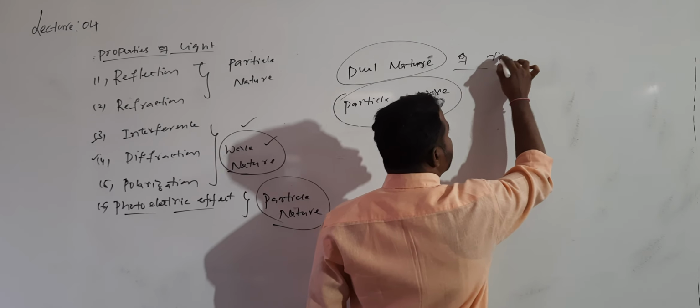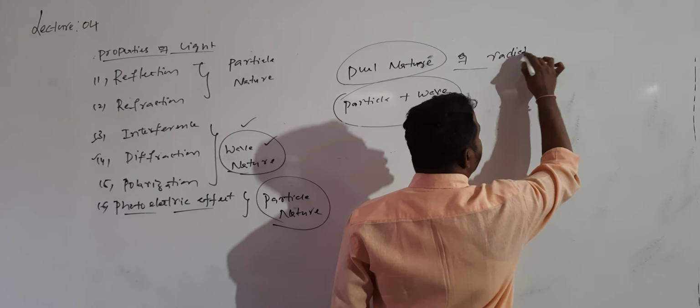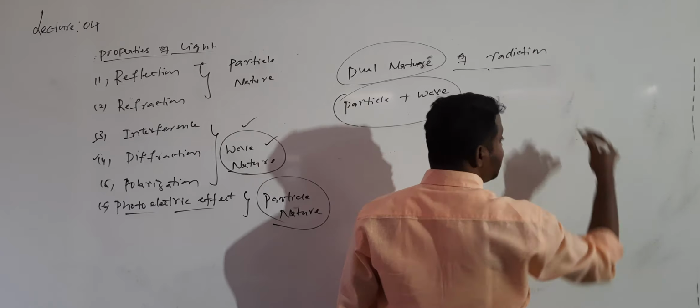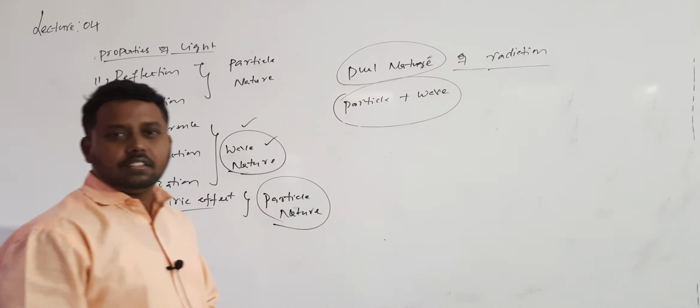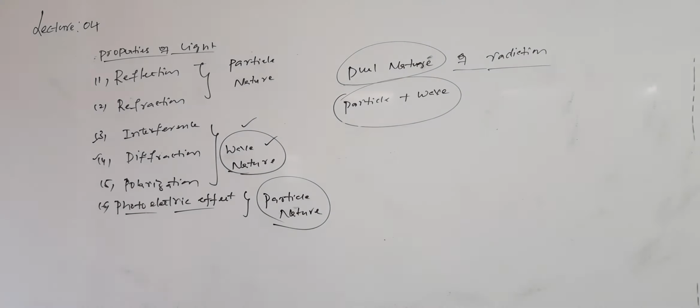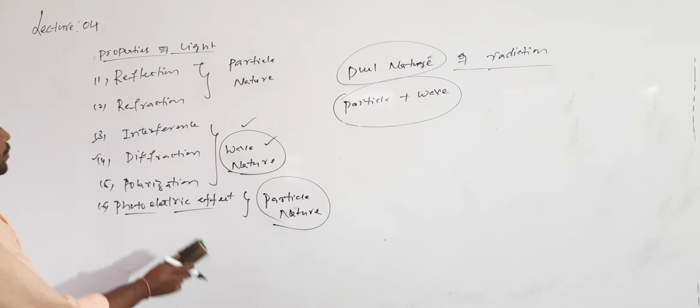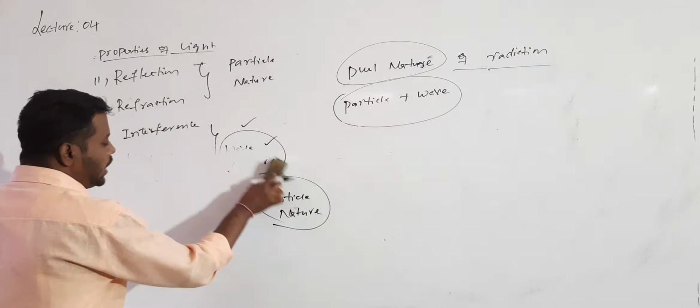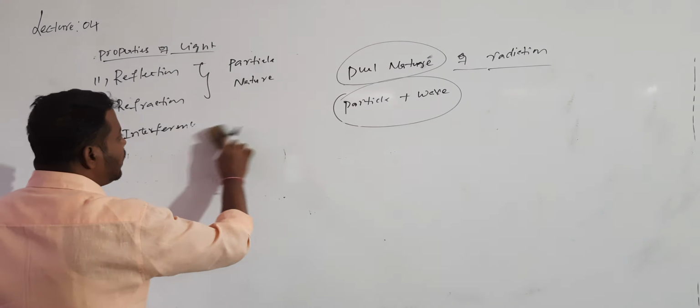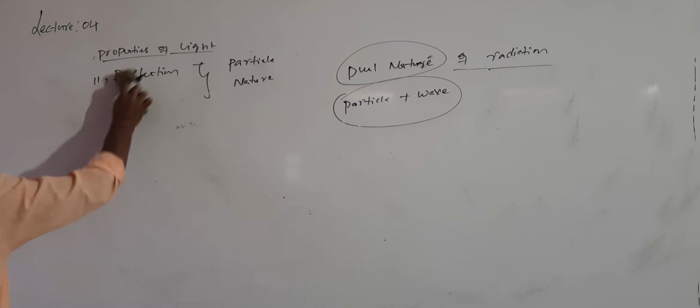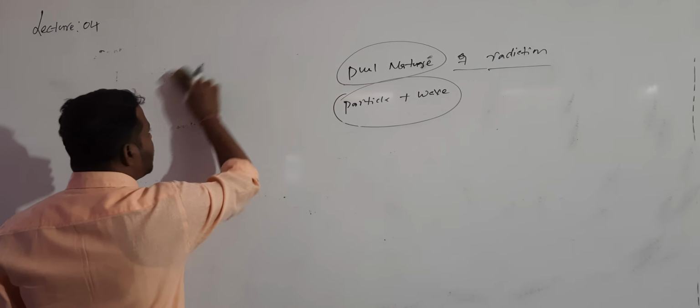Radiation consists of two types of nature, particle nature and also wave nature. This is called dual nature. Why is the chapter named dual nature? The conclusion of the photoelectric effect is that light is of particle nature. In earlier topics, light is of wave nature.